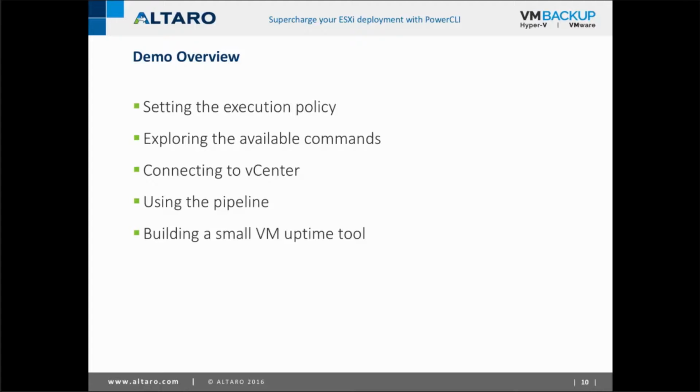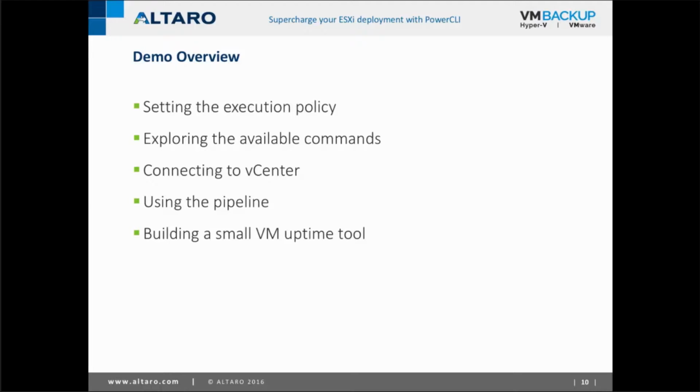As you can see, I'll be covering some PowerShell basics, like setting the execution policy if you're just bringing up PowerShell for the first time so you can run scripts. And I'll poke around a little bit with the available commands to show you how to get around in PowerCLI. And then I'll show you how to connect to the vCenter server. This will be the first task that you do when working with PowerCLI.